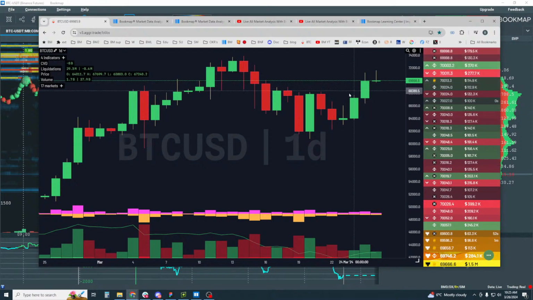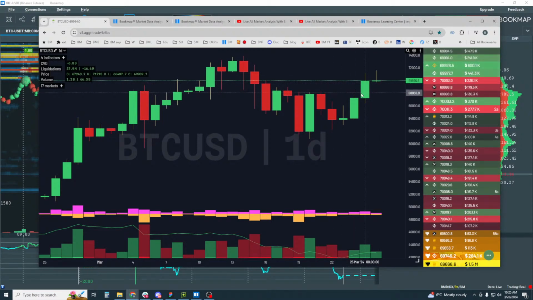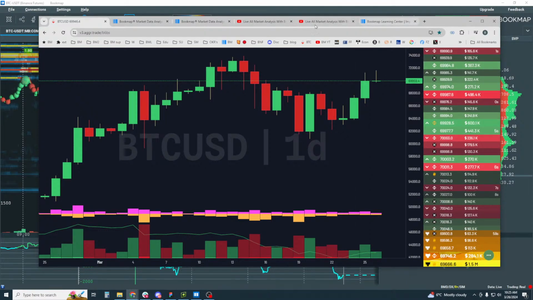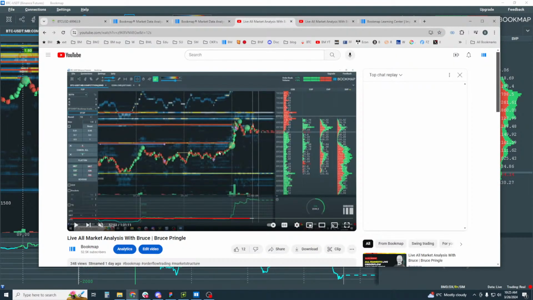This understanding of the order flow behind the candles on a daily chart is no different than this here on this minute chart, or a much smaller time frame.